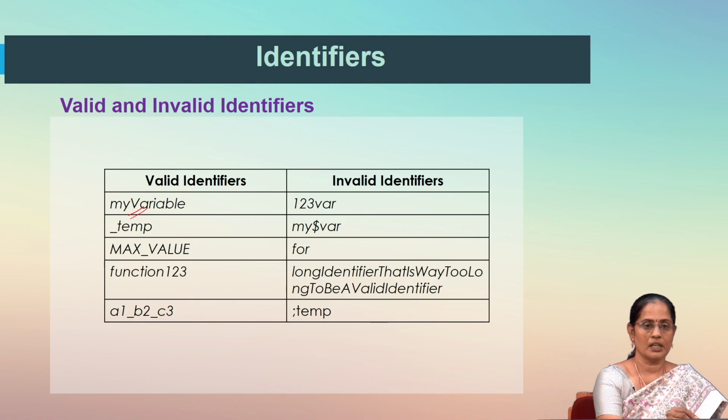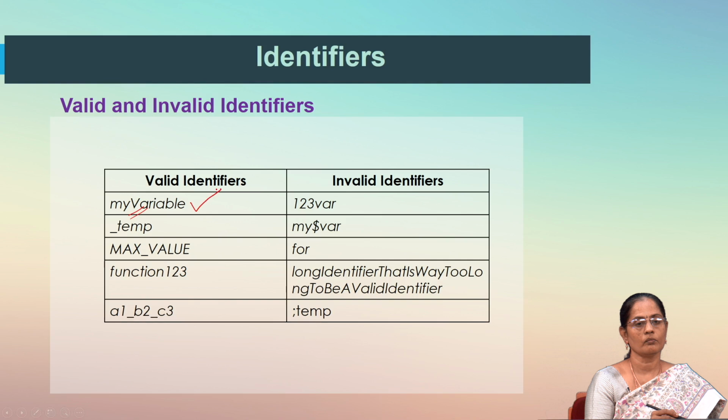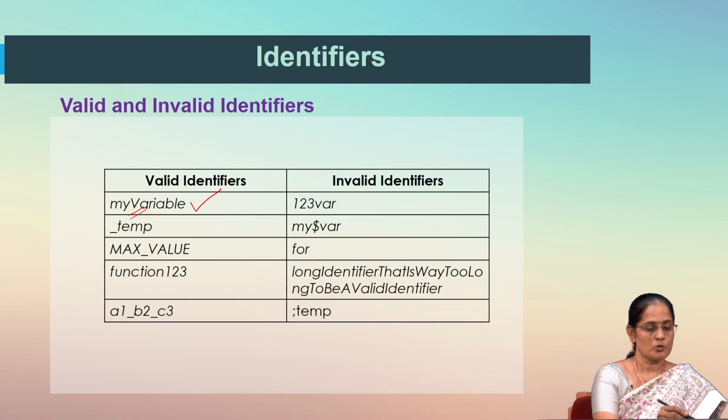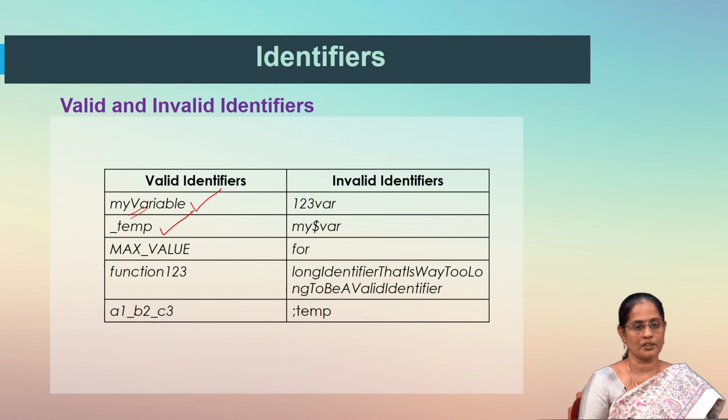However, the identifier starts with a letter, so it is considered to be a valid identifier. In the second case, the identifier starts with the underscore symbol. We have already learnt that underscore is a special symbol which can be allowed as a first character in the identifier. So, _temp is also considered to be a valid identifier.